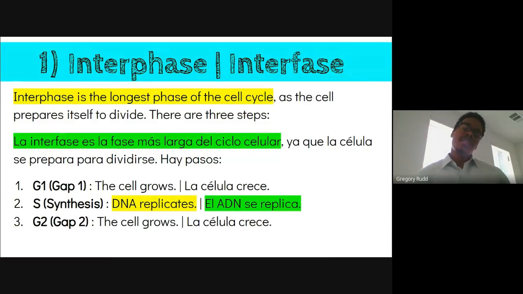During synthesis, the DNA is replicating. And we say it's synthesis because new DNA is being made. There is a copy of the DNA being made. And we're going to see this in an image on the next slide.